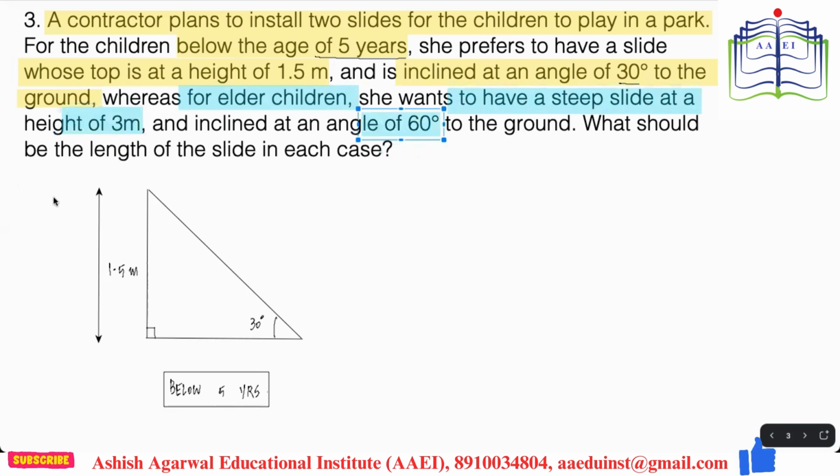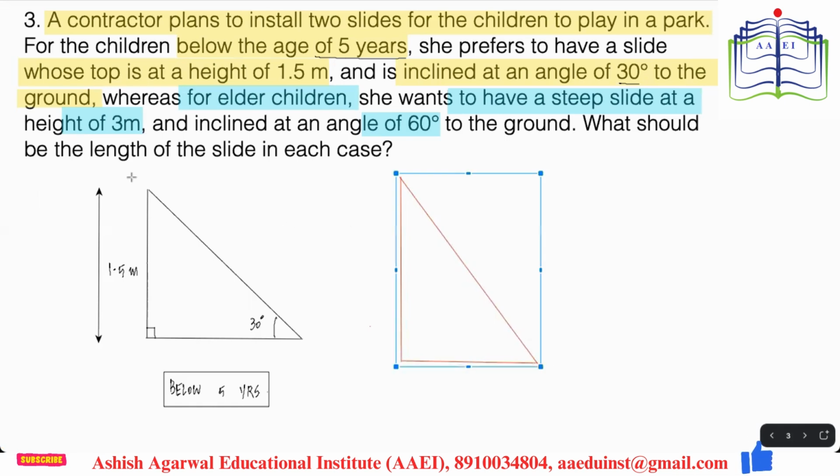That is, we have one more right angle triangle. The height is a little bigger now, and in fact, the angle of inclination is also greater now. So here, the angle of inclination is 60 degrees. This is 90 degrees. Height is 3 meters.